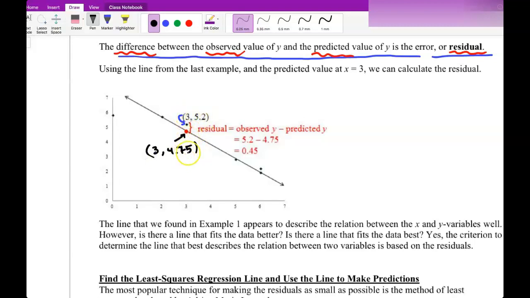So this is observed, this is predicted. Now finding the difference between these two gives this number, 0.45, which is our error, and we call that the residual.